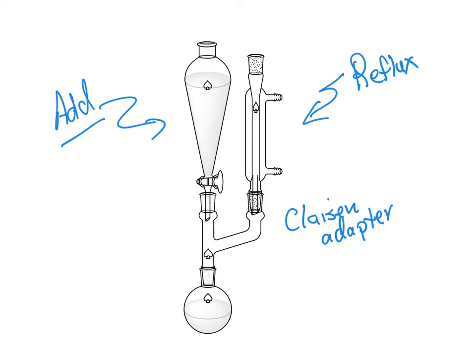And so the Claisen adapter lets us split our fittings. And so in the fitting directly above our round bottom flask, we will use a separatory funnel as an addition funnel.